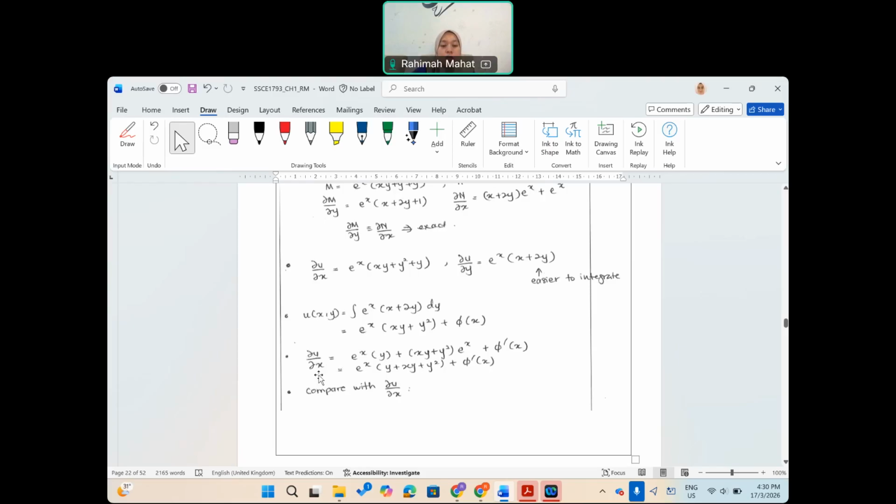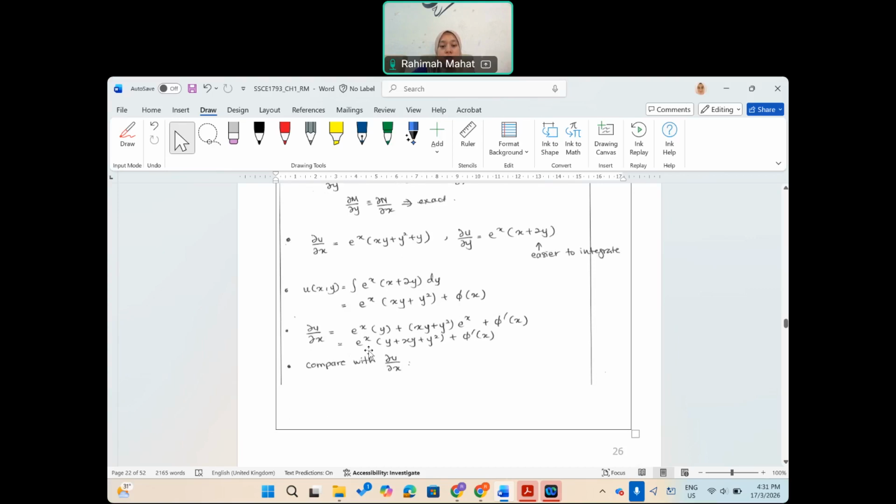So delta u over delta x, you differentiate this equation with respect to x. So you get e to the x (xy plus y squared) plus e to the x (y) plus phi prime(x). Then you factorize and get this term.